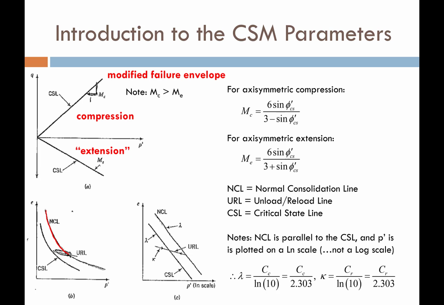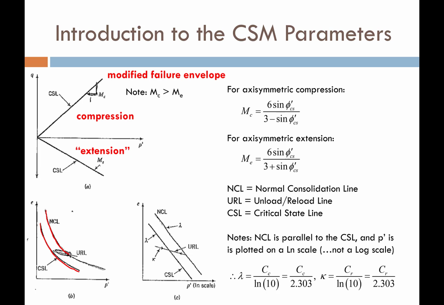Notice how it's parallel to the critical state line, meaning that, remember, failure occurs when we reach the critical state line. Therefore, if we're consolidating the soil and it's normally consolidated, it will never reach the critical state line because it runs parallel to it.